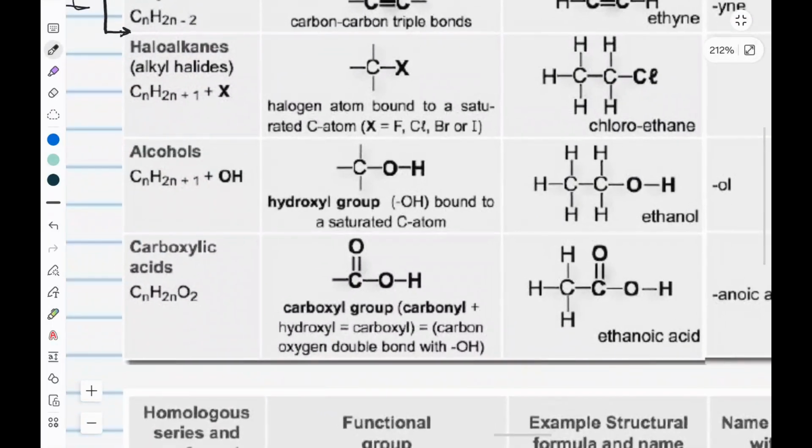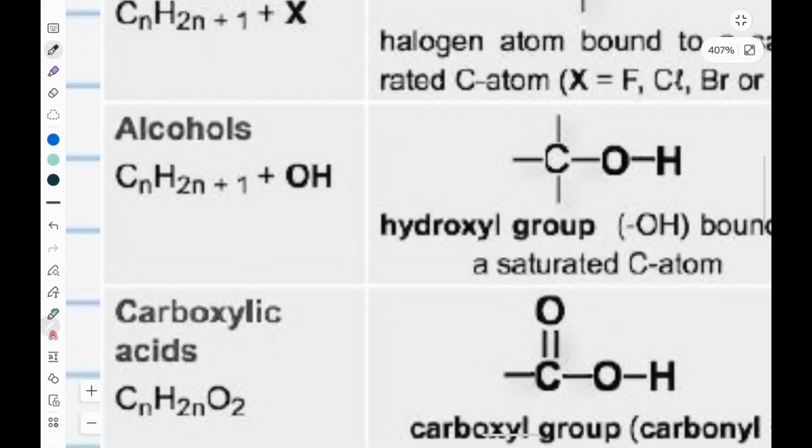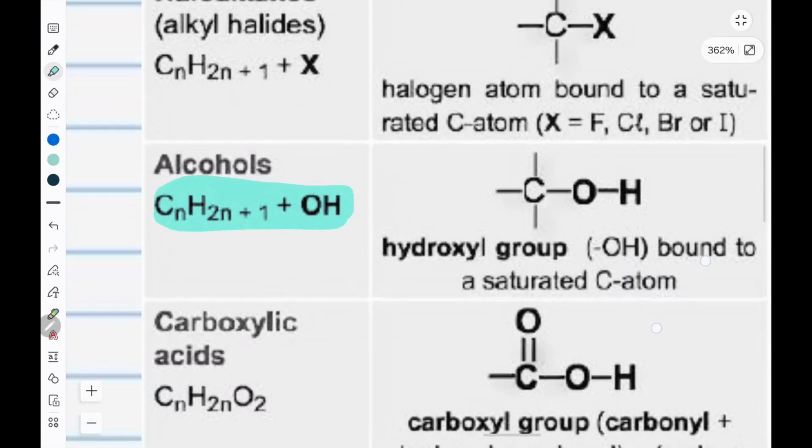Right, on our list next we have alcohols. Very interesting stuff. So alcohols are actually organic compounds as well. With alcohols, their homologous series is called alcohols, and then this is their general formula. So all alcohols will have this general formula, and then they have what we call a functional group as well.